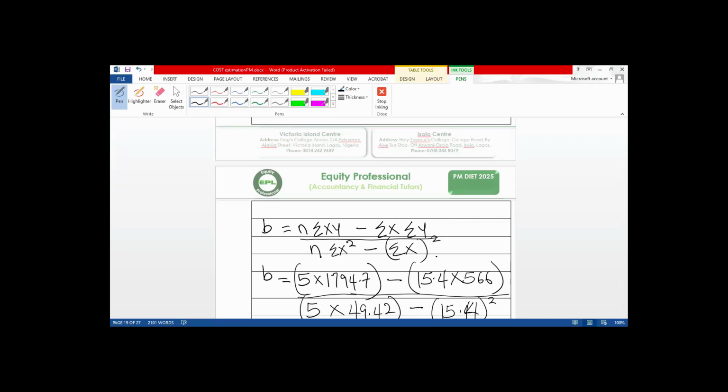Our x, volume scaled down by 1,000. With this formula, I multiply the numerator by 1,000 and the denominator by 1,000. At the end of the day, 1,000 will cancel 1,000 out. You don't have to multiply the variable cost by 1,000.